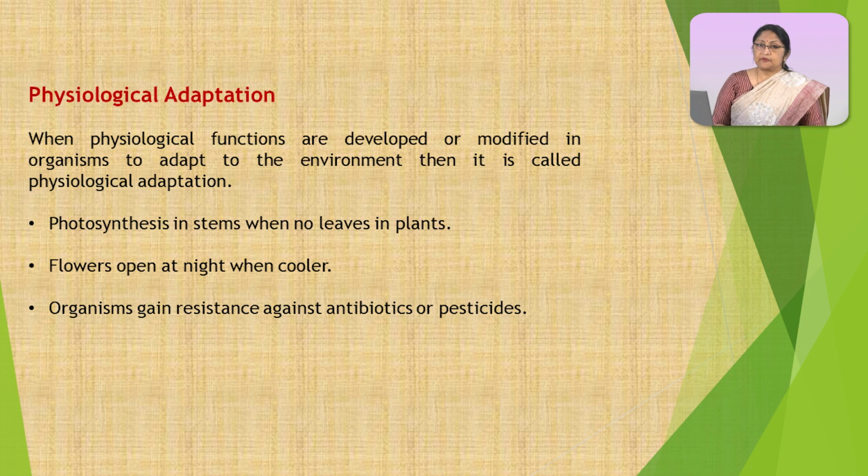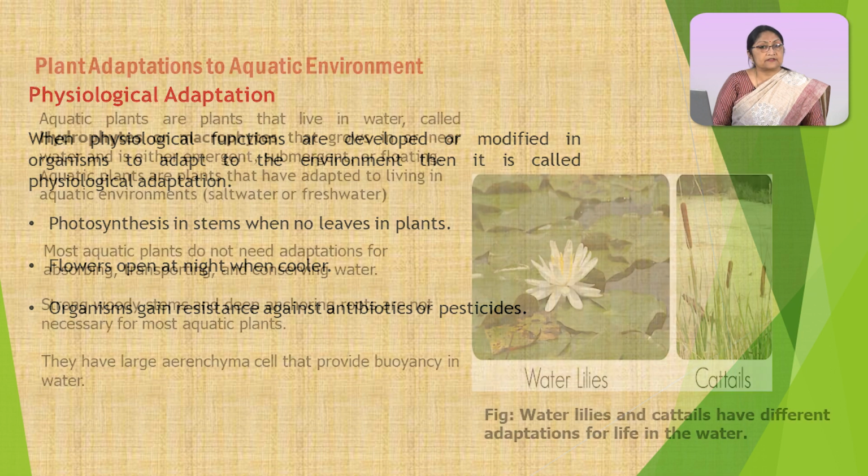The third type of adaptation is the physiological adaptation. These are changes that happen within the plant, altering the chemical processes going on inside itself. An example of this is the presence of photosynthetic pigments in the stem when there are no leaves. Physiological adaptation is also seen in plants in the creation of poison for defense so that it is not consumed by any predator.